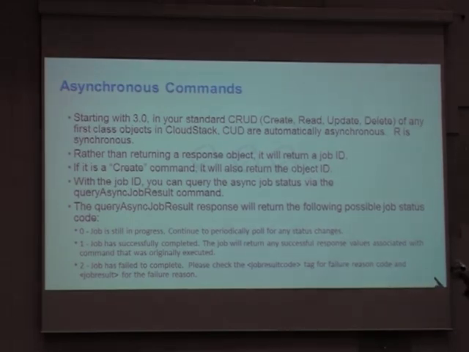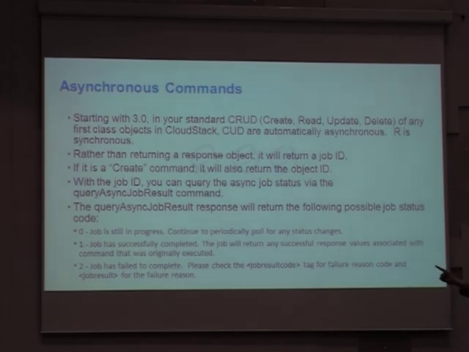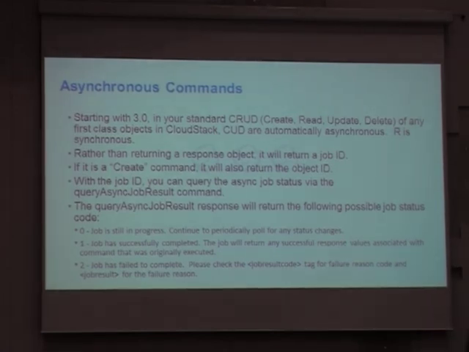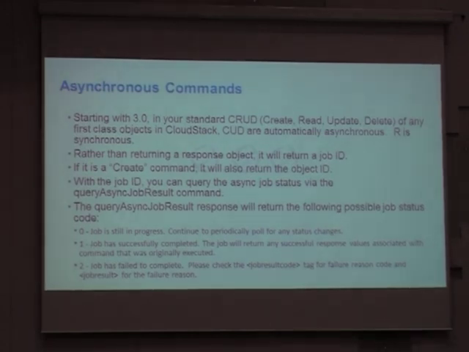If you executed a create command, we will also give you the object ID as part of the return. For example, if you executed deploy virtual machine, it will immediately give you the virtual machine ID back along with the job ID.